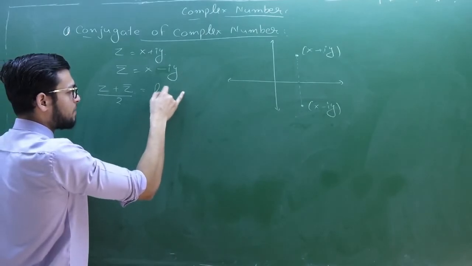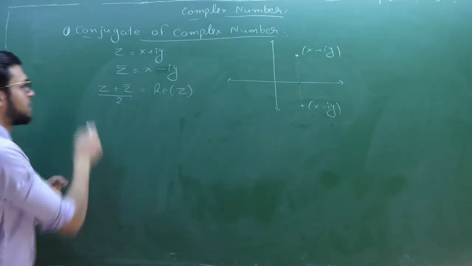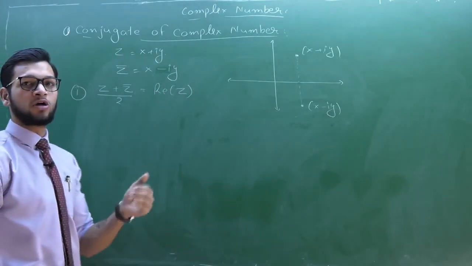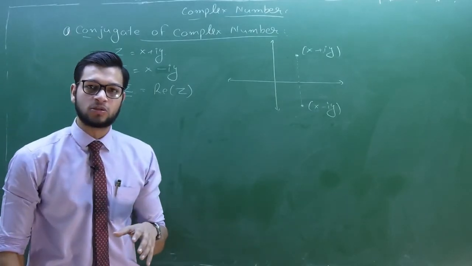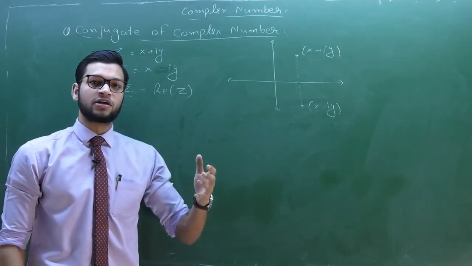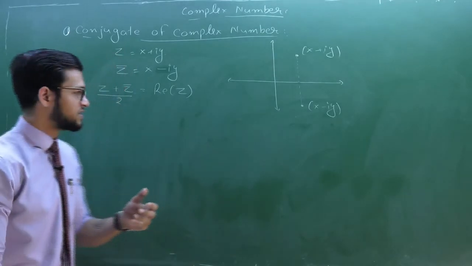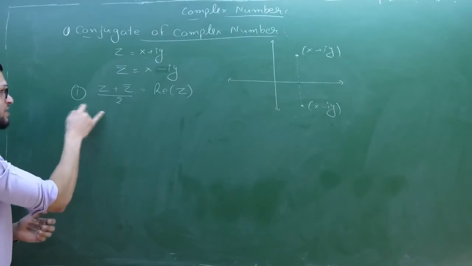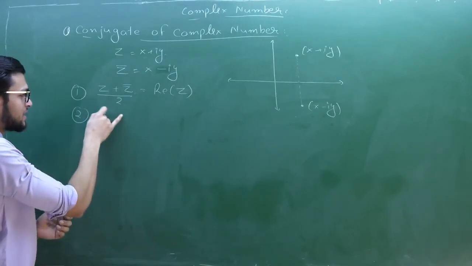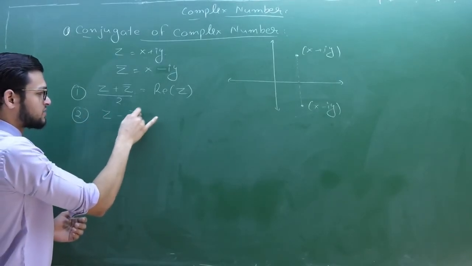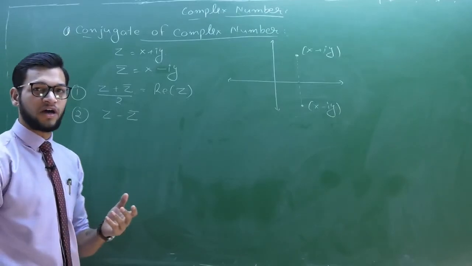x means the real part of z. If we add z with conjugate of z and divide by 2, we have x, the real part of z. Then if we subtract these two, z minus conjugate of z, we have 2 times iota y.